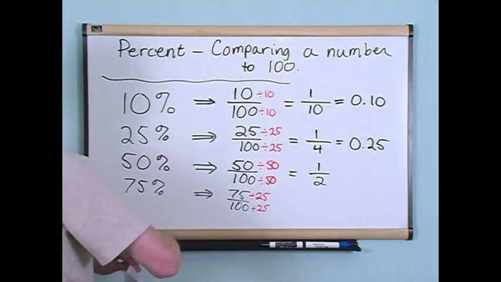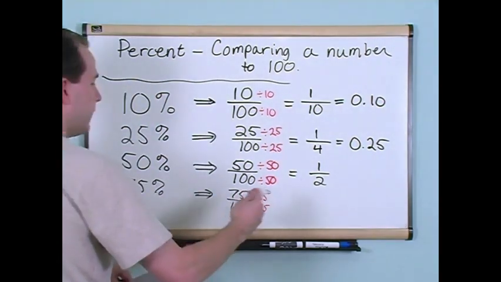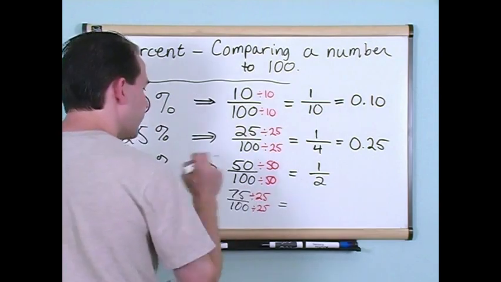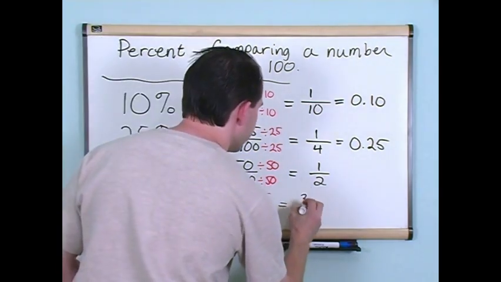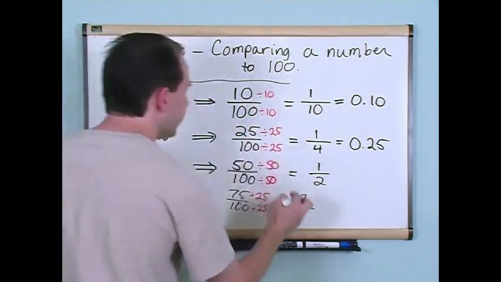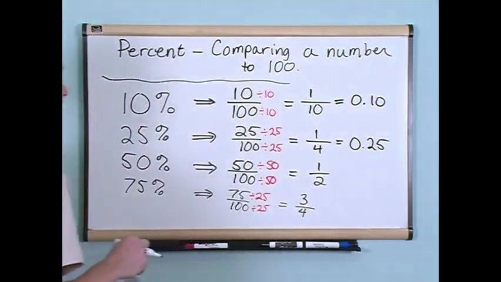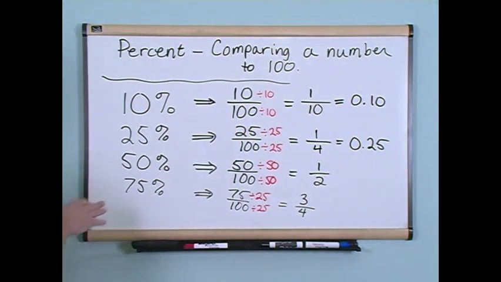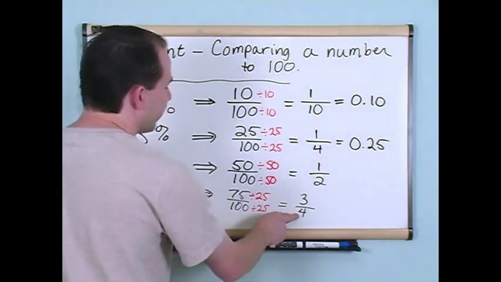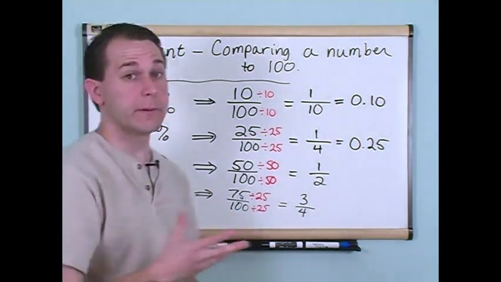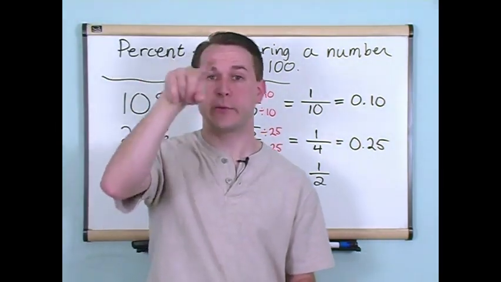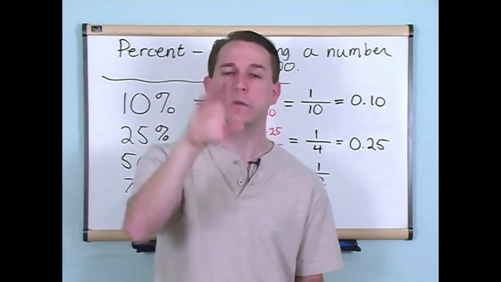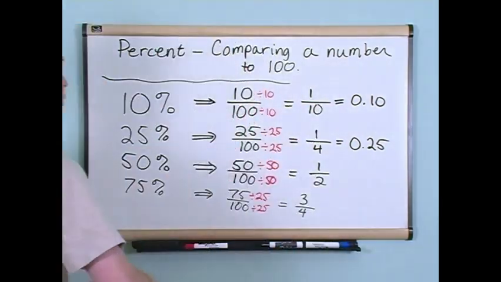When I do that, 75 divided by 25 gives me 3, and 100 divided by 25 gives me 4. So 75% is the same thing as 3/4, and if you remember in terms of the pie, that's 3 pieces shaded out of 4, so we're getting closer and closer to filling up the whole pie.